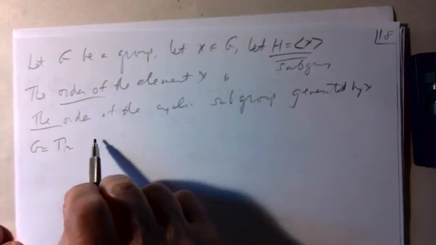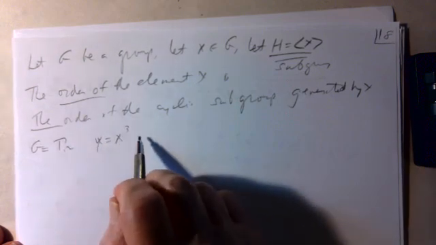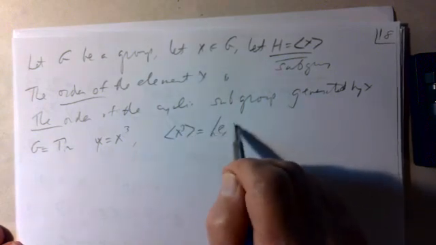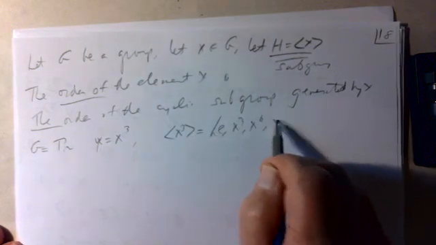So for example, when we had G equal to the cyclic group gamma 12 and Y equal to X cubed, the cyclic subgroup generated by X cubed was E, X cubed, X to the 6th, X to the 9th.